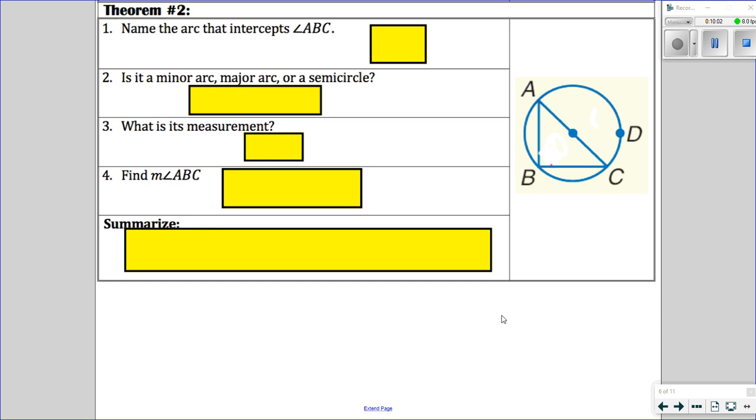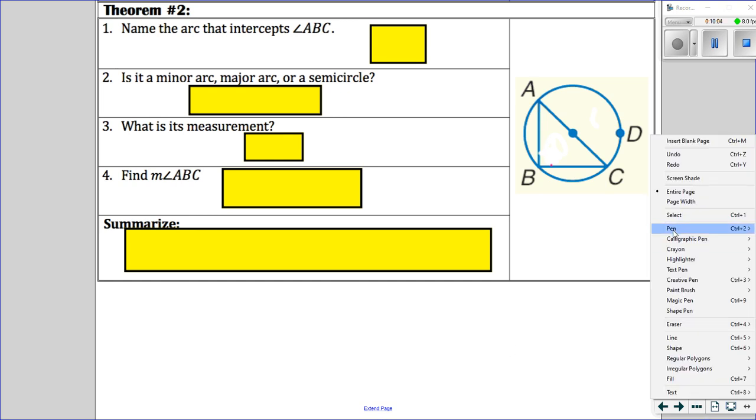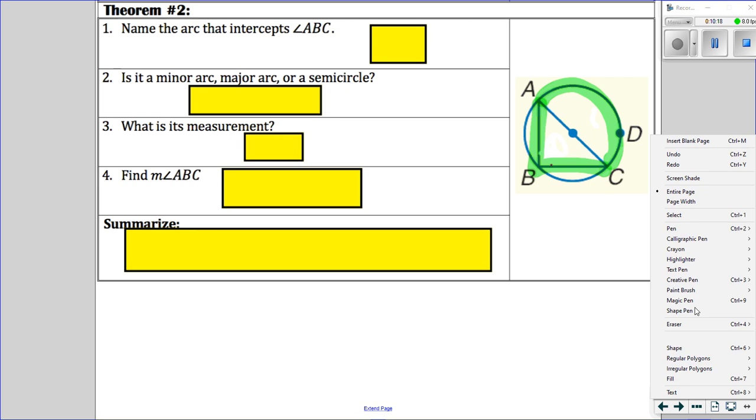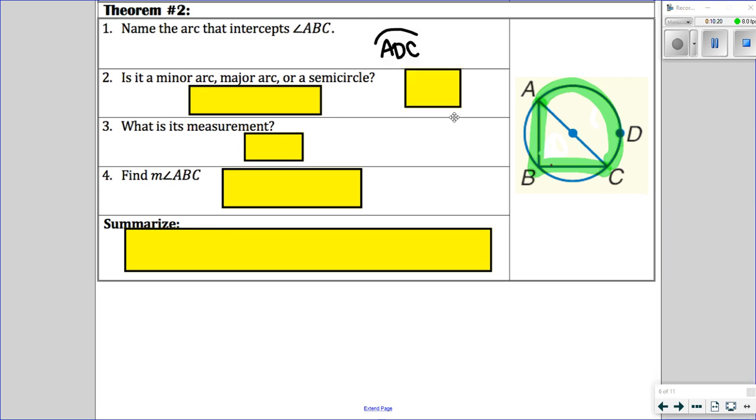Name the arc that intercepts ABC. So I'm going to highlight that. We have angle ABC, and the intercepted arc is going to be arc ADC, and that's the symbol for arc.